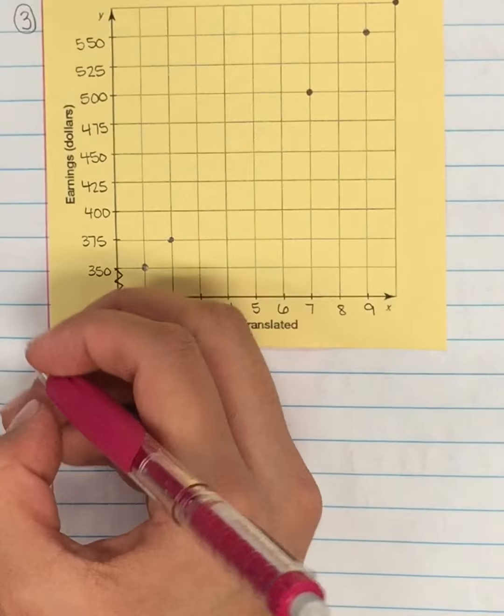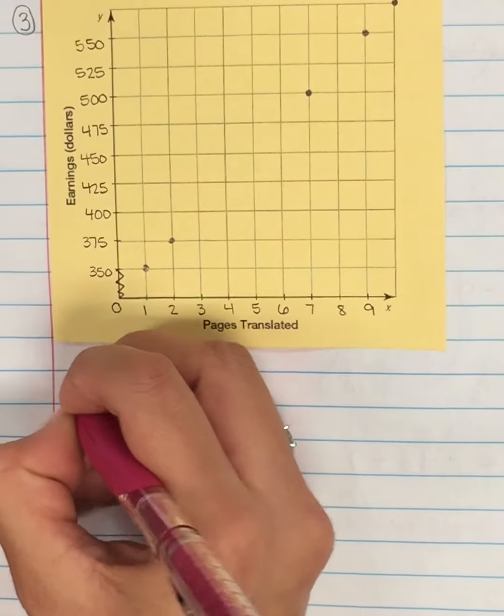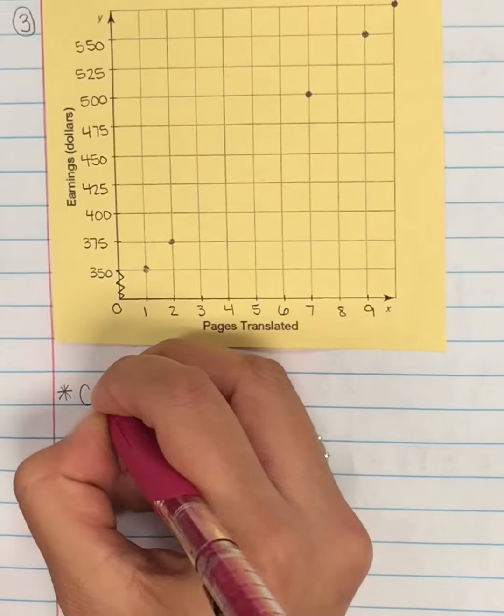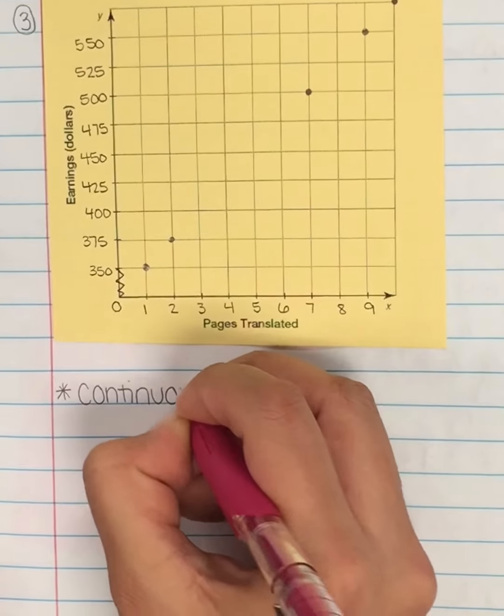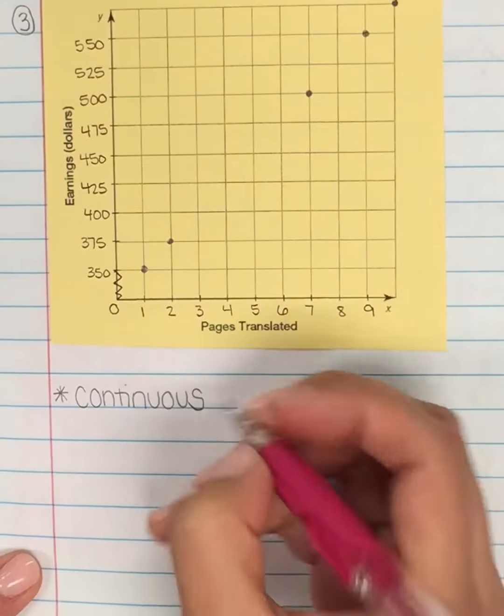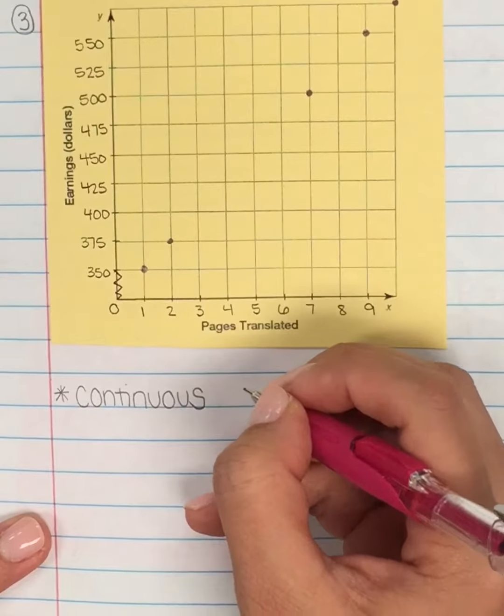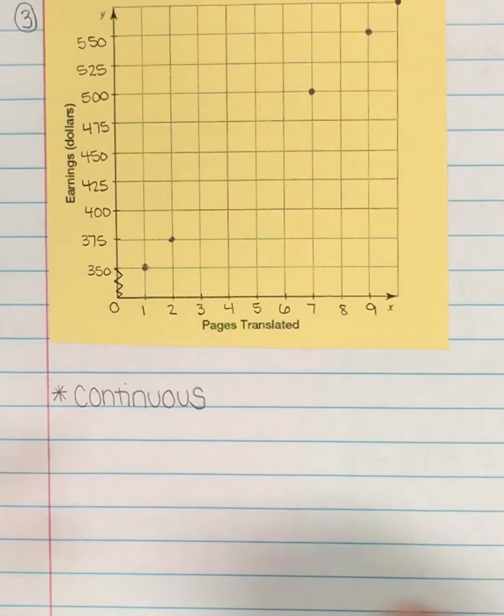And let's write that below. Continuous, because I can have half a page and half $1.